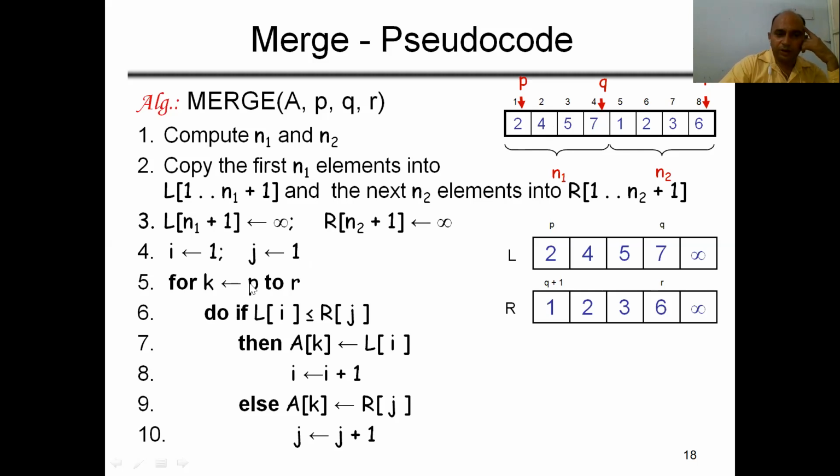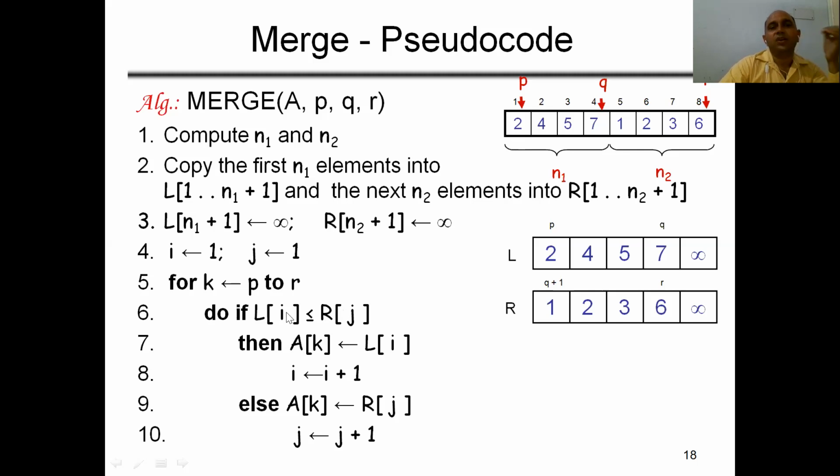So we take a loop from p to r, because we are working from the first index p to the last index r. In that loop, if Li is less than or equal to Rj, then A k is equal to Li.